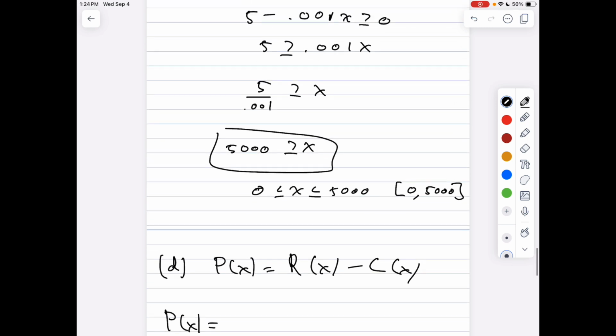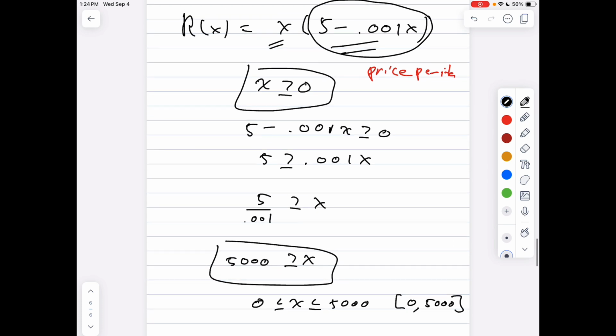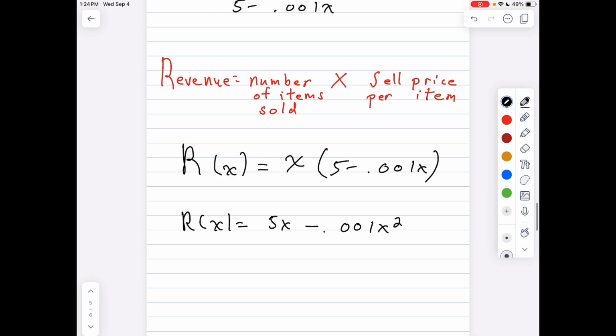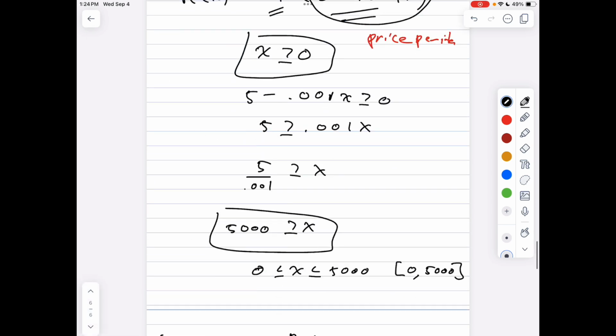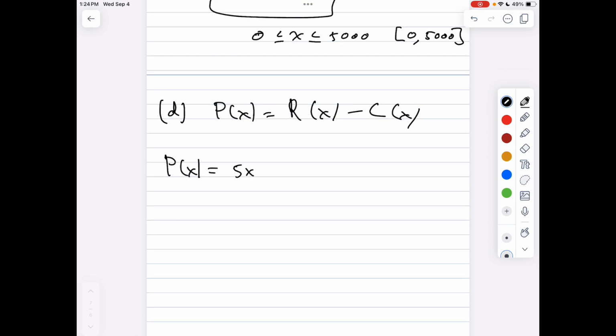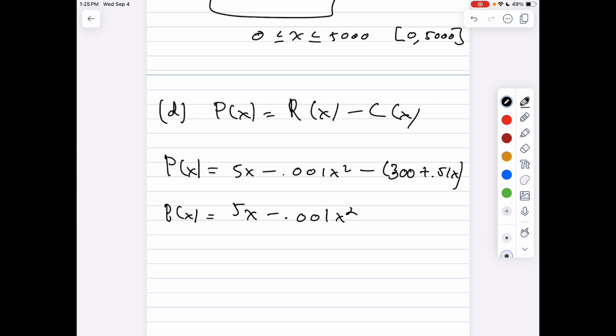So R of x is 5x minus 0.001x squared, and then my cost, as I said, was 300 plus 0.51x. So in total, this is going to be 5x minus 0.001x squared minus 300 minus 0.51x.